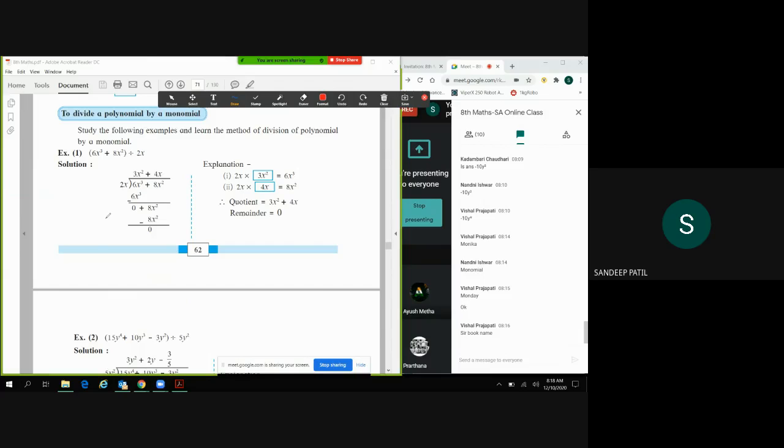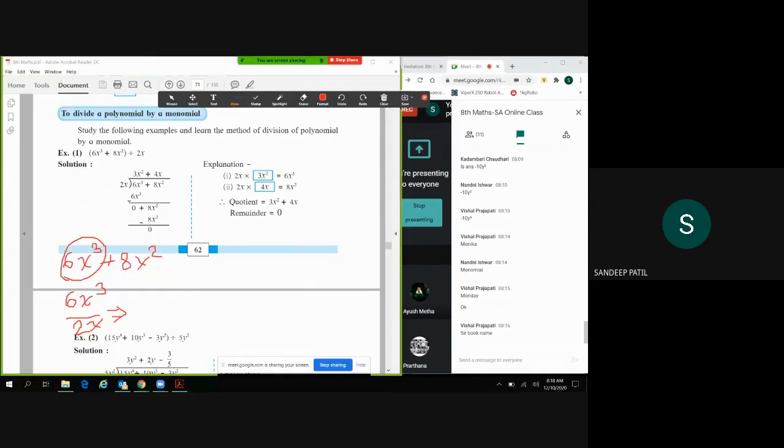So see here, there are 6x cube plus 8x square, right? We will take one by one. First is 6x cube. We have seen in the earlier discussion that 6x cube divided by 2x, what will be the answer?